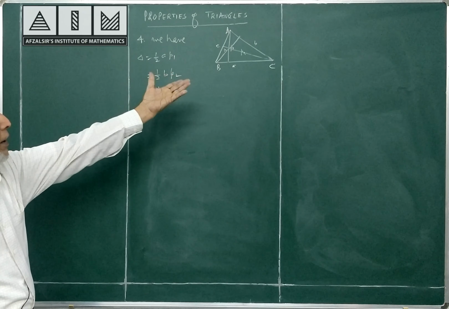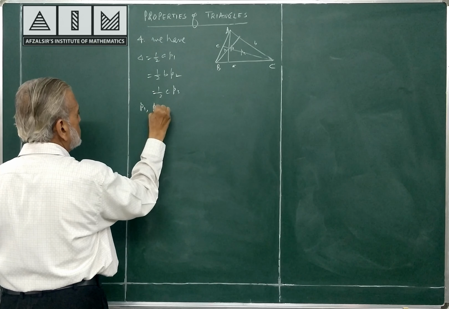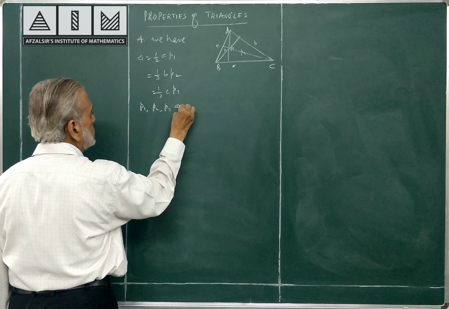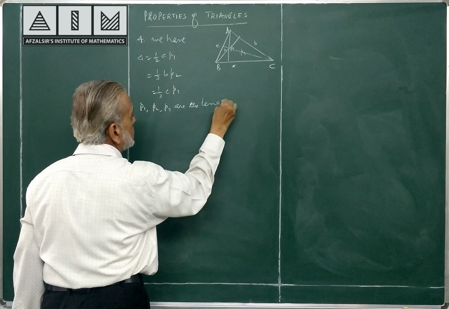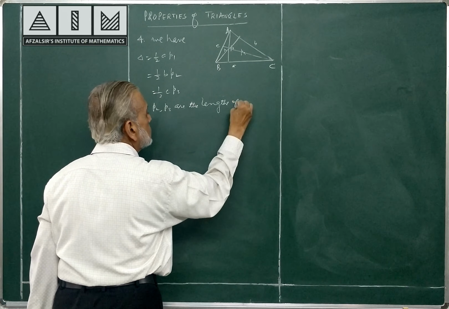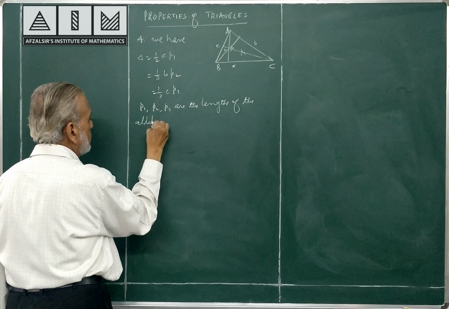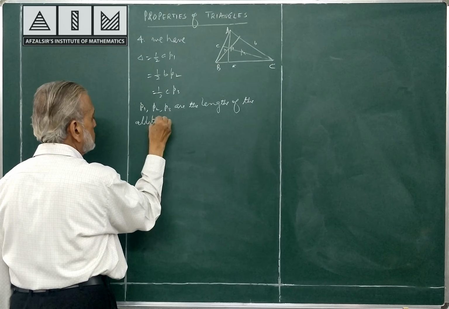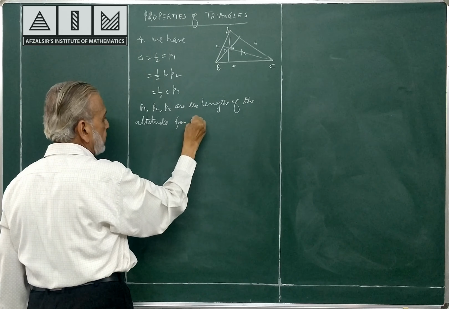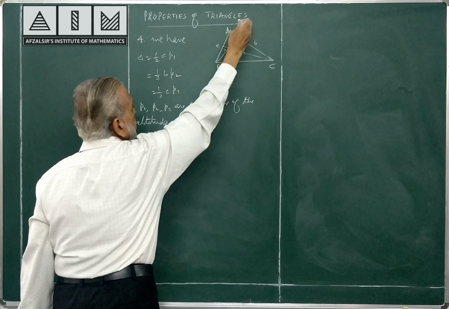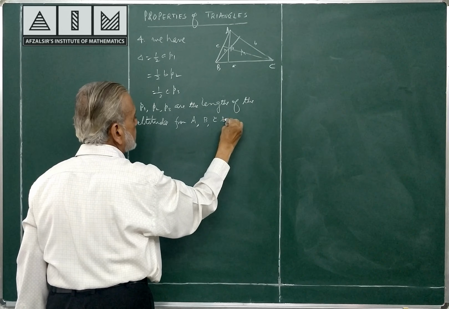P1, P2, P3 are altitudes I am writing. From A is P1. From B is P2, from C is P3 respectively.